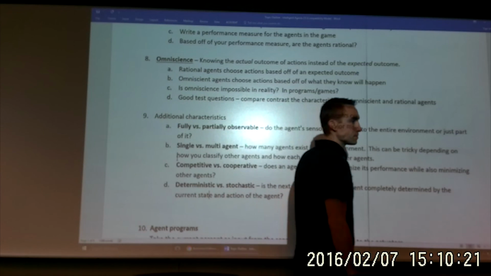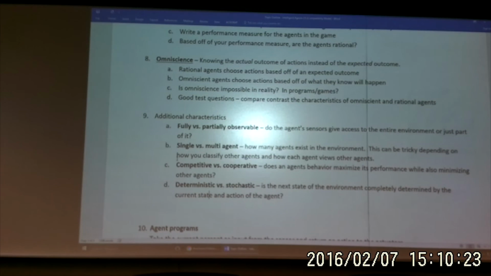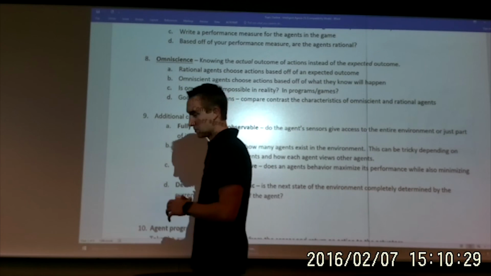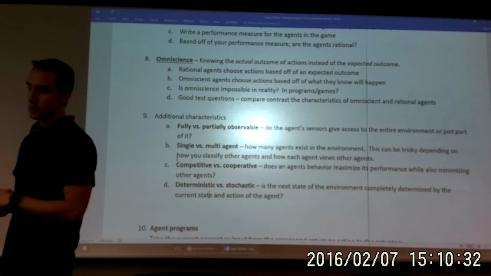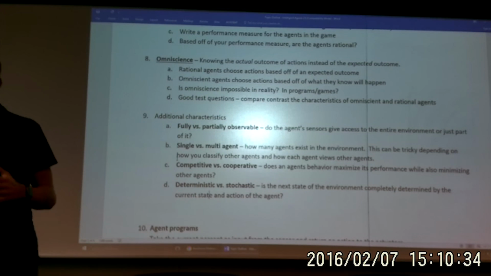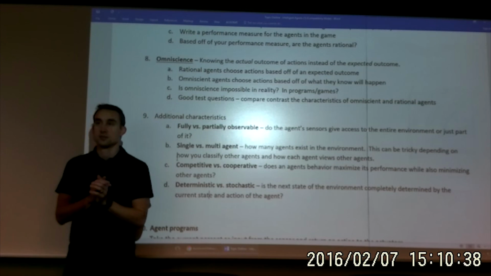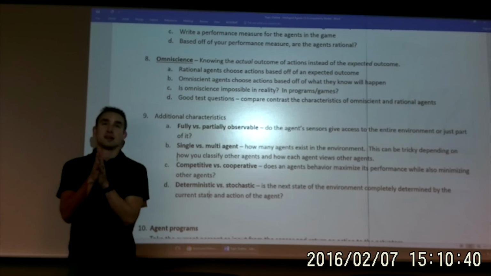Questions on these? Like in video games, they generally run on random number generators. So you could say it's stochastic, but if you have previous knowledge of those random numbers, then you could theoretically say it's deterministic. Theoretically, there's no such thing as a random number. Yeah. So I think there's always deterministic aspects of all games.